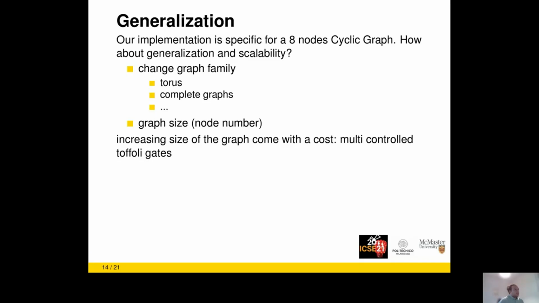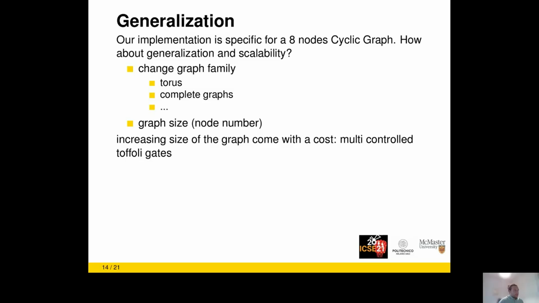Now we can talk about generalization and scalability. Our implementation is specific for an 8-node cyclic graph. So we can change the graph for different families of graphs and also increase the graph size. In literature, we can find different examples of graph families, such as the torus or complete graph.